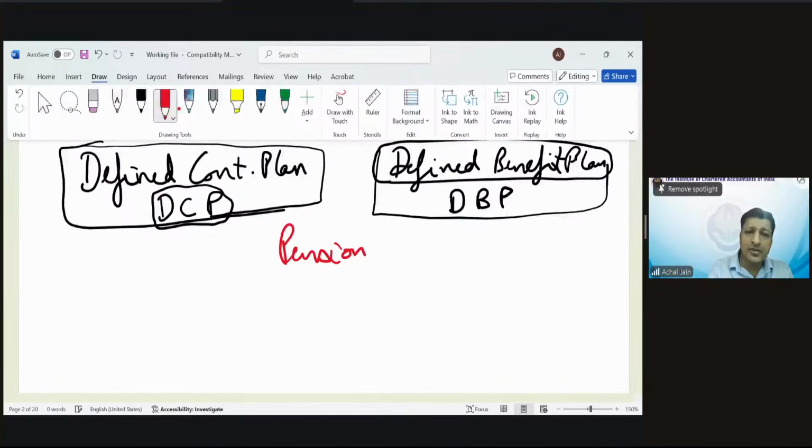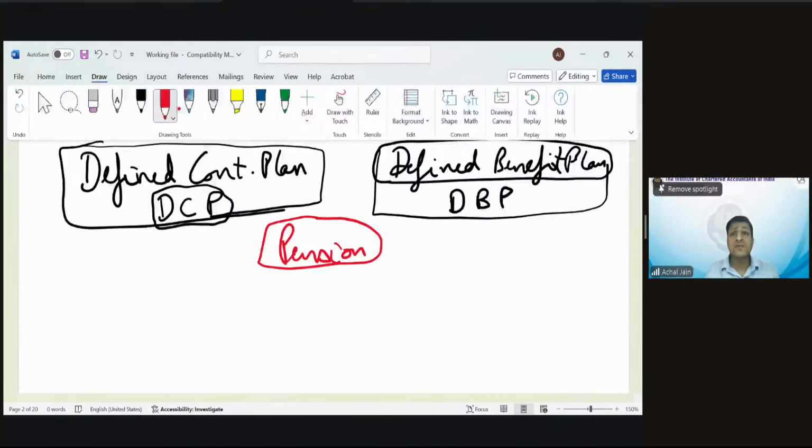Okay, now, in relation to this employee benefit, pension, two types of arrangements are possible. What is the first arrangement? See, every year the employee is rendering services, so what will the employer do? Employer will contribute the amount.